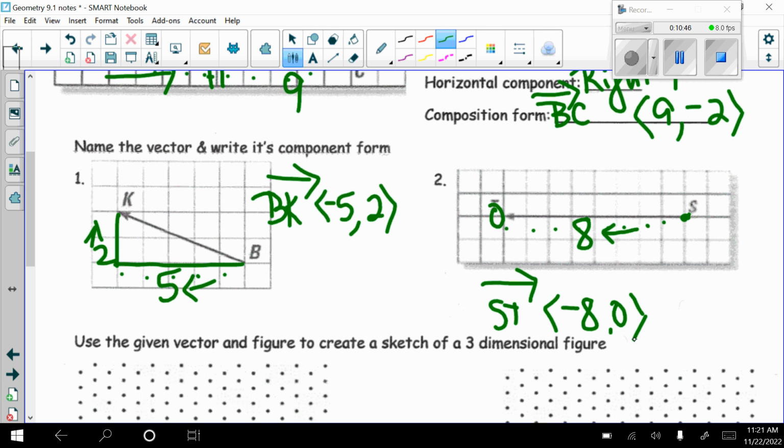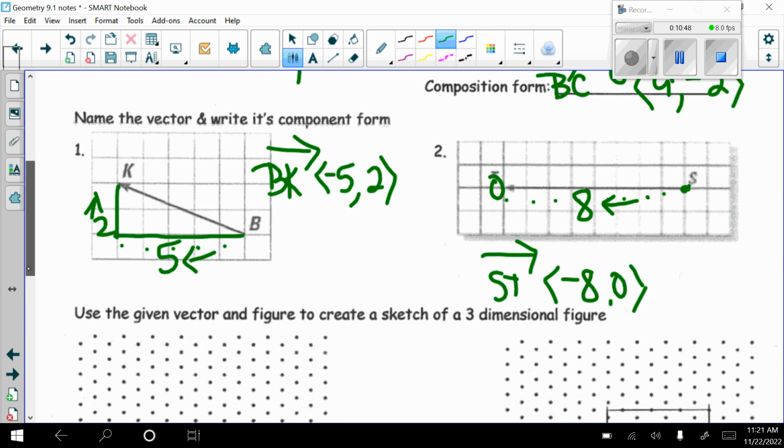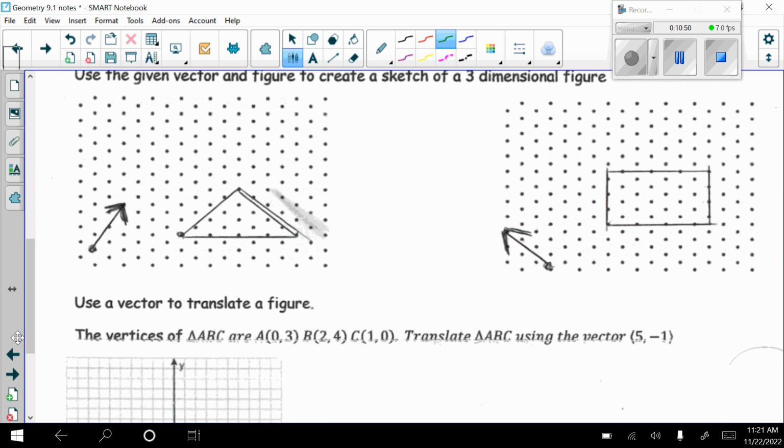Now we're going to look at, given a vector, using that vector to sketch a three-dimensional figure. So here's the vector that they give to me. I have to find out what this vector is. So from this point to this point, I went over 1 and up 1, 2, 3. So this vector is 1, comma 3. So I'm going to do that to each of these points. From this point, I'm going to go over 1, up 1, 2, 3.